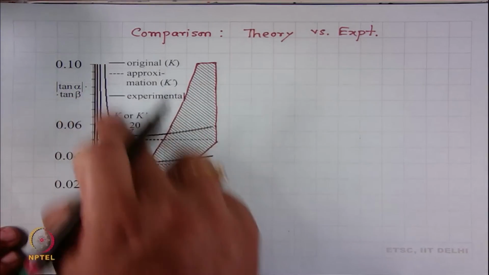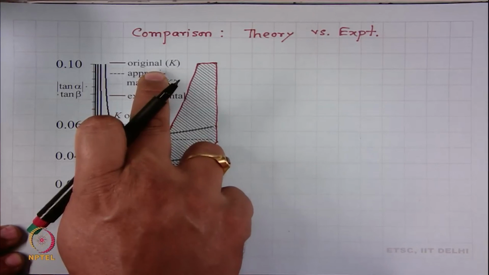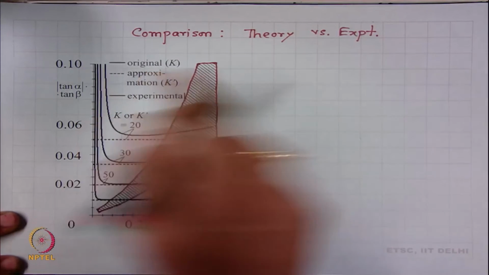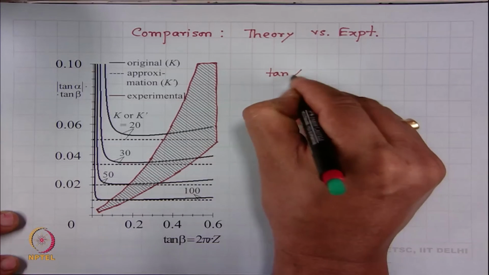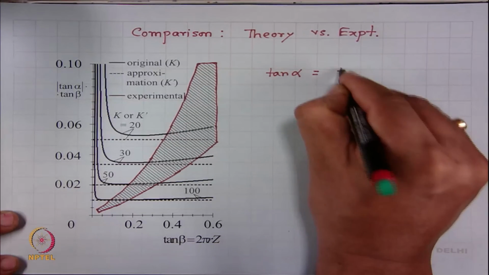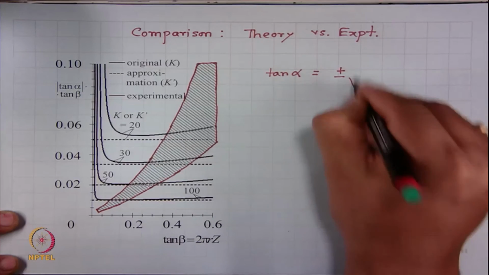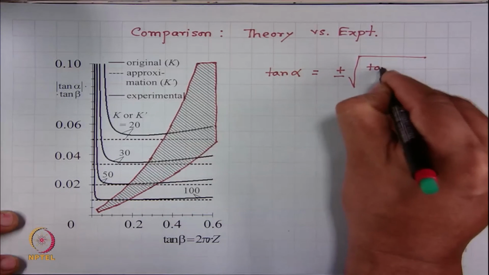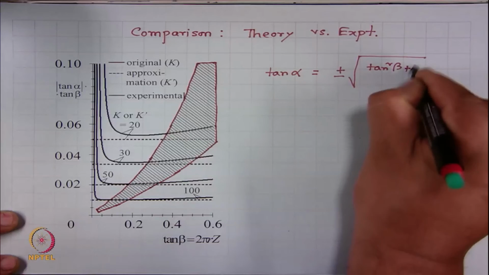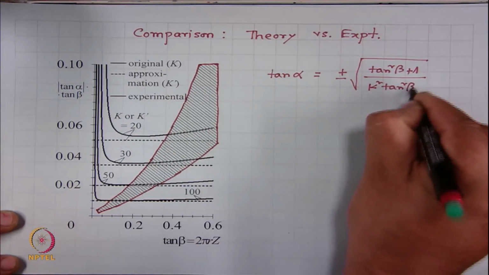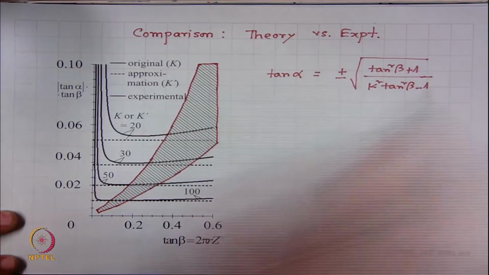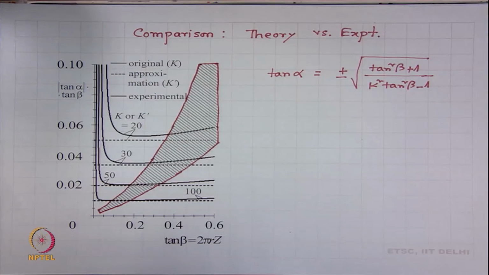The thick continuous curve is the original, fundamental expression. What was that? Tan alpha was equal to plus minus square root of (tan square beta plus 1) by (k square tan square beta minus 1), is it not? That was your original expression.